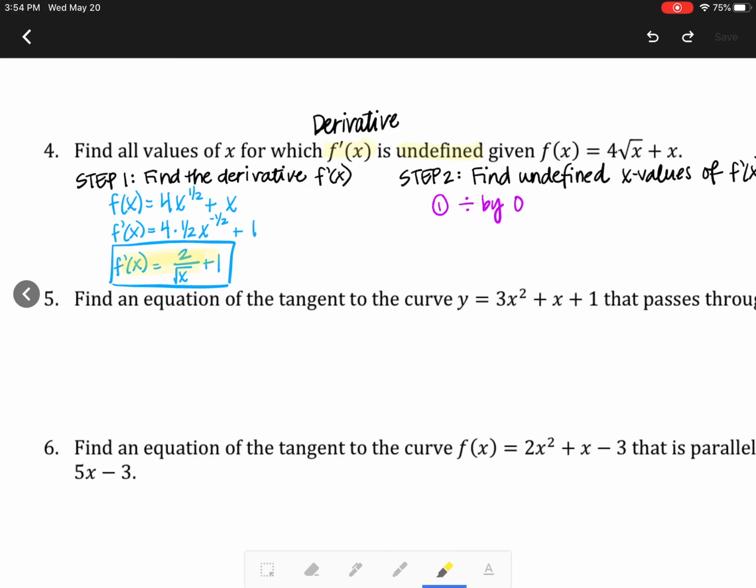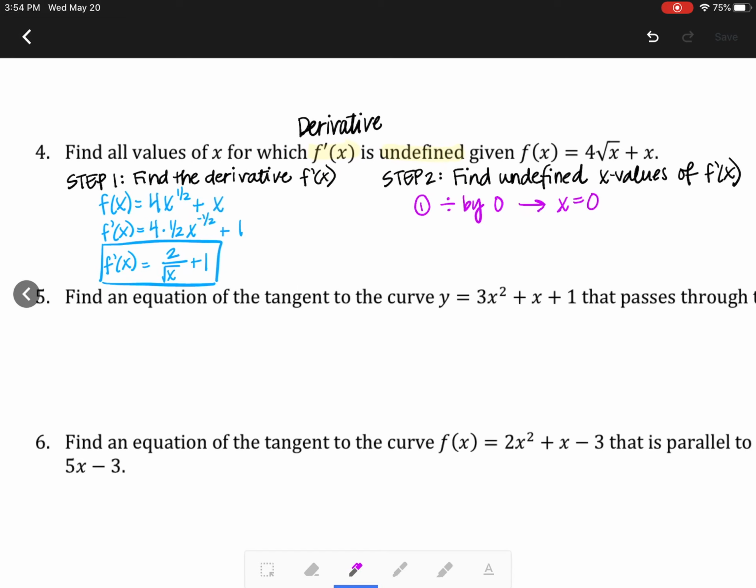Meaning, what am I plugging in here that would make me divide by 0? That's just 0. If I were to plug in x equals 0, I would be dividing by 0, and it would be undefined.